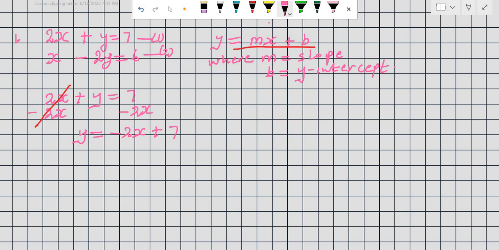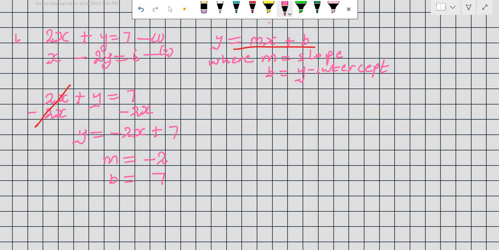So m in this equation is equal to negative 2 and b is equal to 7. So we have the y-intercept to be 7 and the slope to be negative 2.